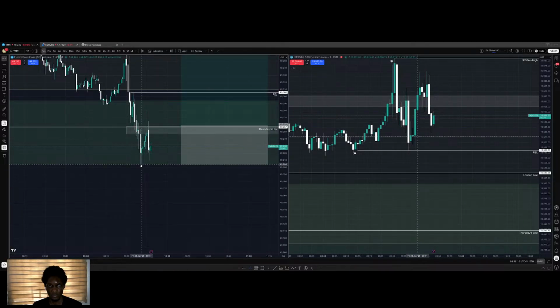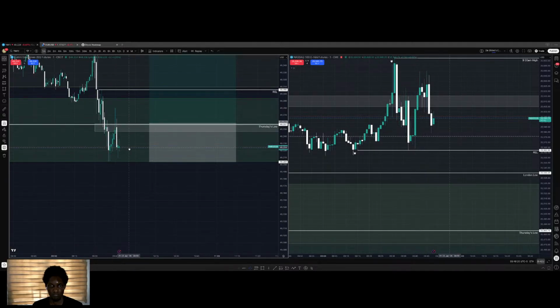So we have equal lows here. So I'm gonna say this, take this equal low out. So take this out, close above. There's a fair value gap. That'll be a nice entry for me.